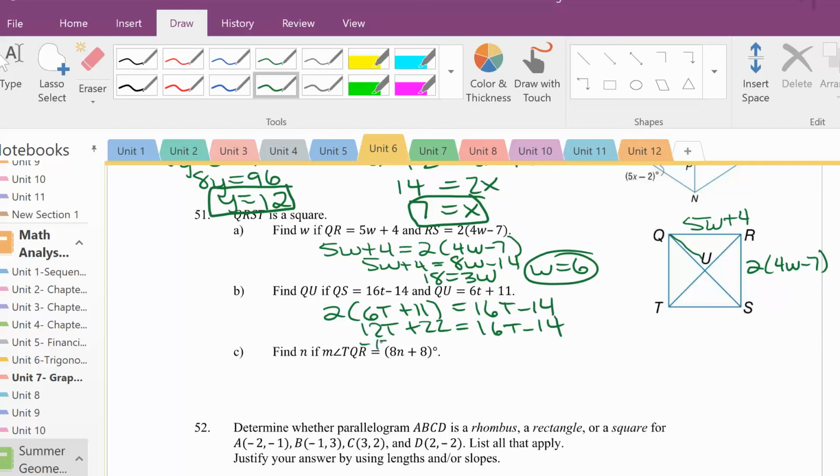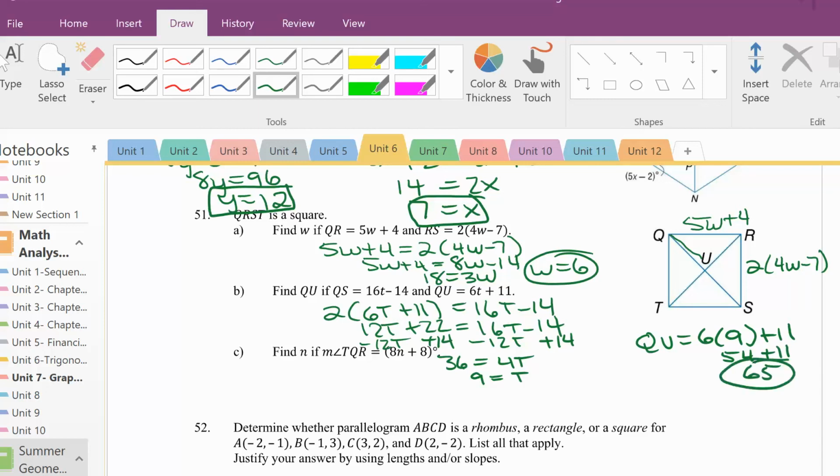So then you subtract the 12t and add the 14. So 4t equals 36. So that means t equals 9. So to find QU, it's 6 times 9 plus 11. So 54 plus 11 is 65.